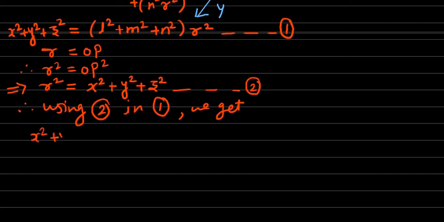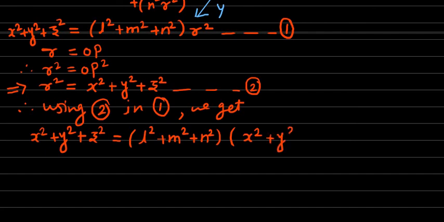So the left hand side, x square plus y square plus z square, is equal to the right hand side, l square plus m square plus n square into r square. r square is nothing but x square plus y square plus z square.